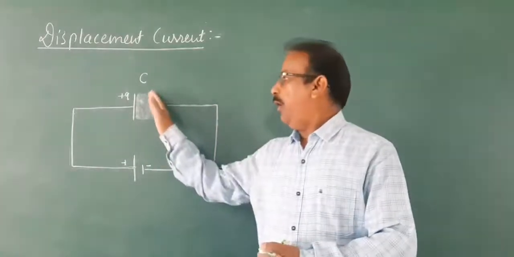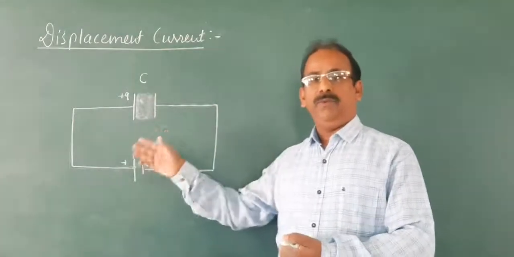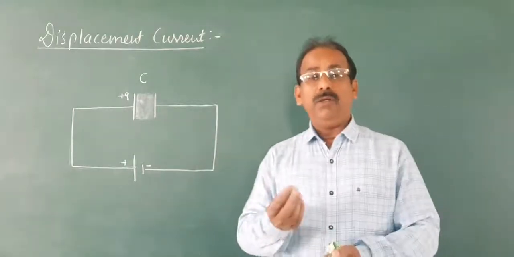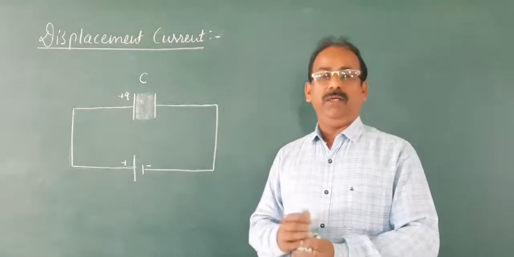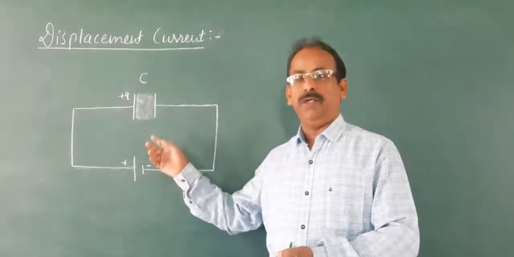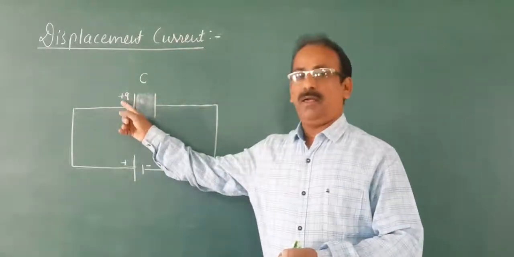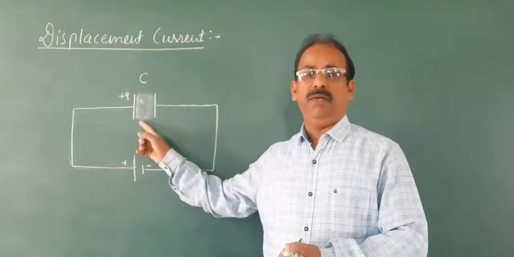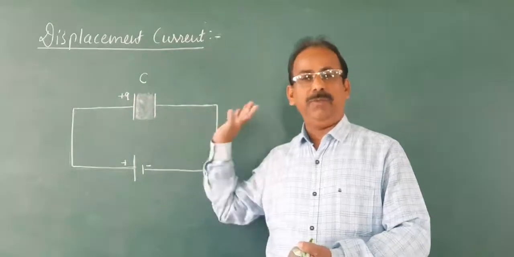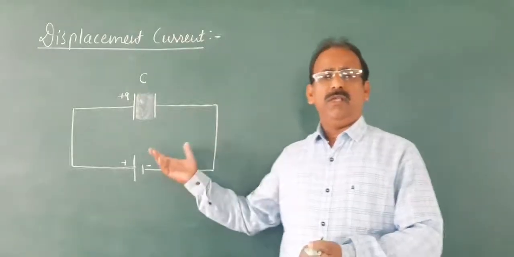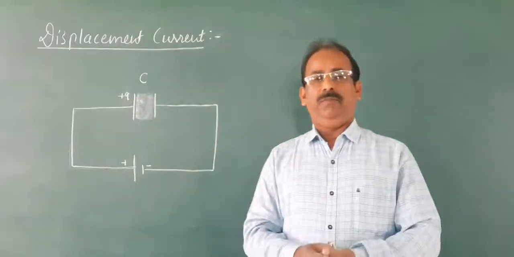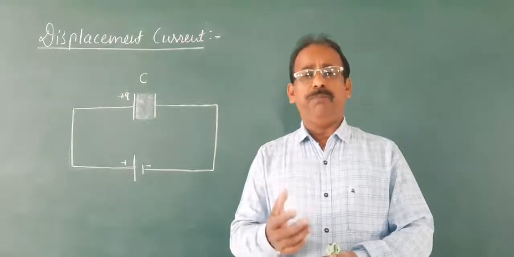While on this surface of dielectric medium, which is towards right side, plus Q charge will get induced. It means that this charge passes through this medium from this plate to this plate. This is nothing but a displacement current, which is due to bound charges.